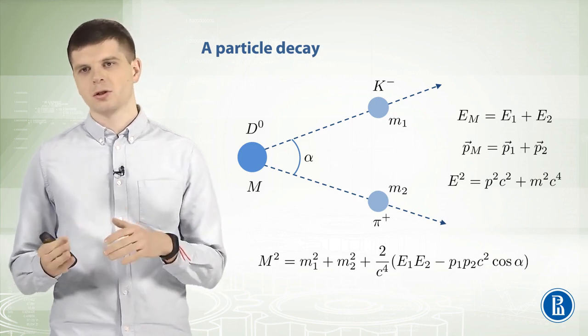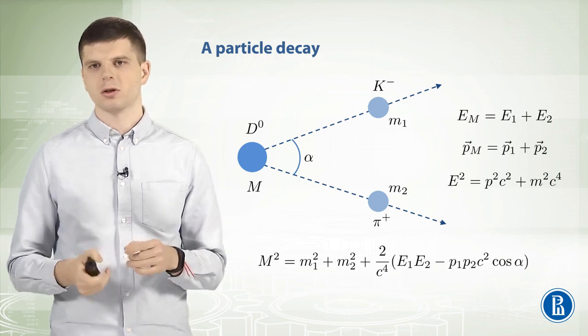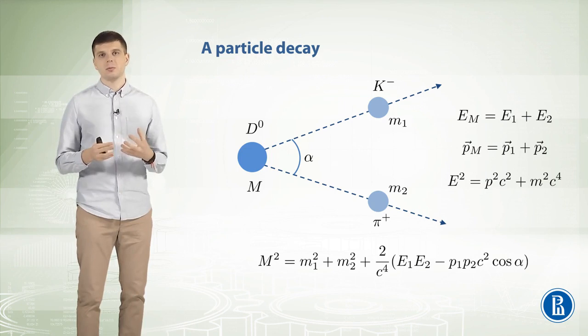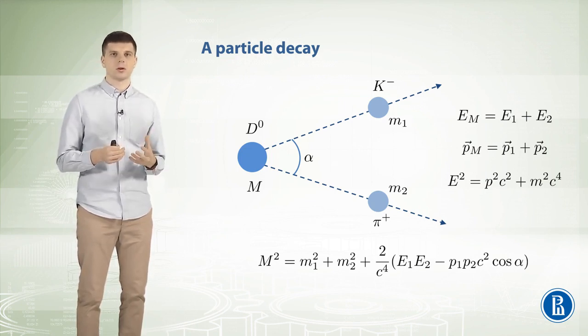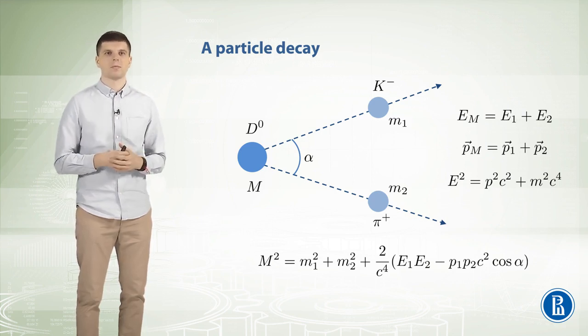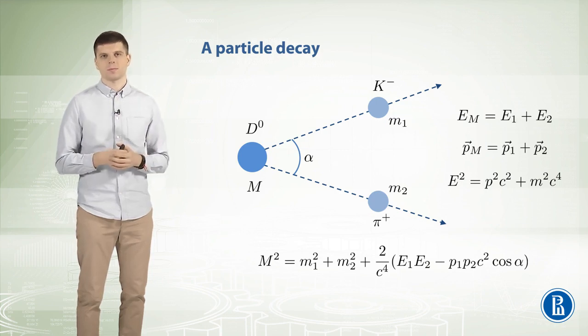Also, we know that energy, momentum, and mass of a particle are connected by the equation shown on the slide. These equations allow us to estimate the mass of the mother particle D0 using masses of the daughter particles, their energy and momentum values. Also, this expression requires an angle between the kaon and the pion trajectories.